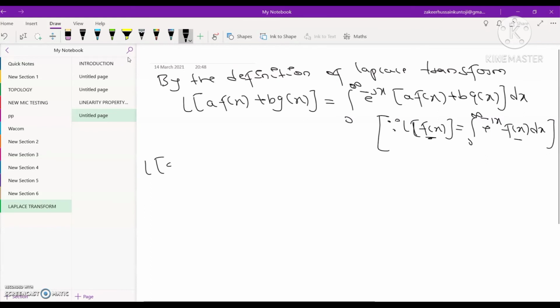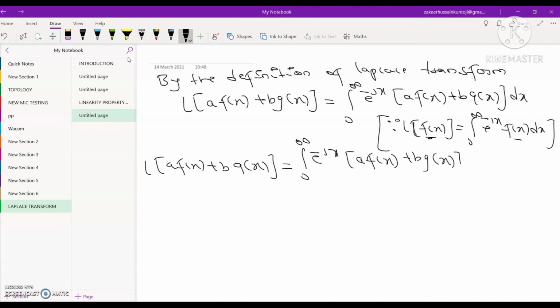So L of a of f of x plus b of g of x will be the integral from 0 to infinity of e raised to minus sx times a into f of x plus b into g of x dx. Let me multiply this one. So this will be the integral from 0 to infinity of a of e raised to minus sx f of x plus b into e raised to minus sx g of x dx.